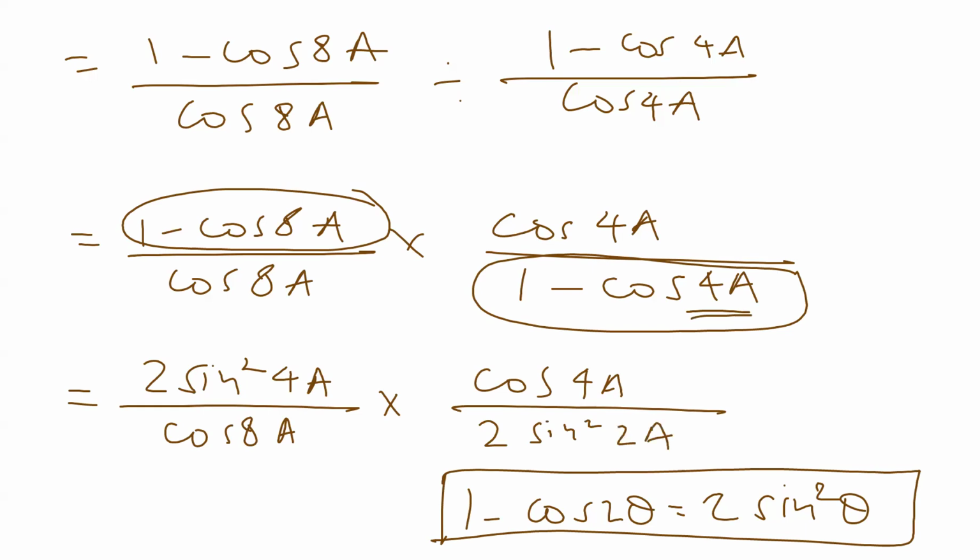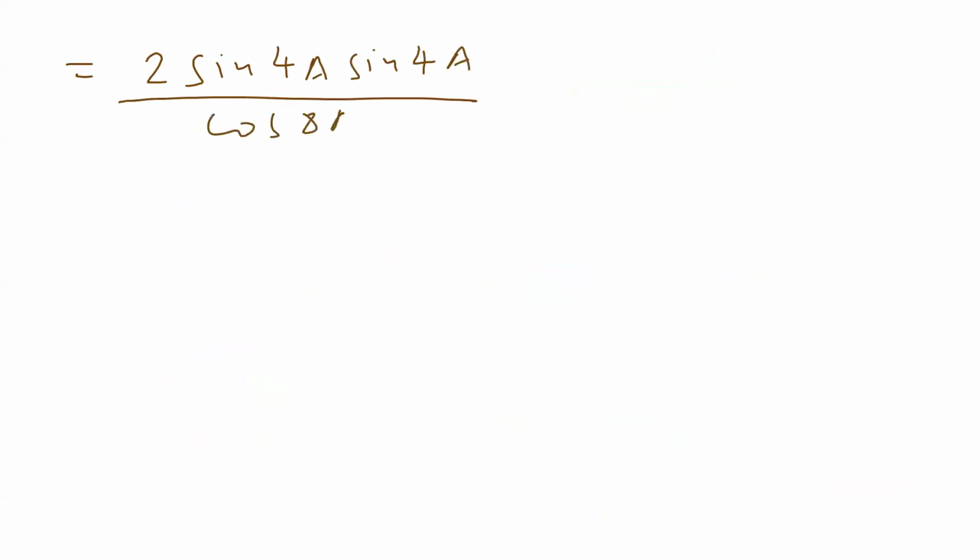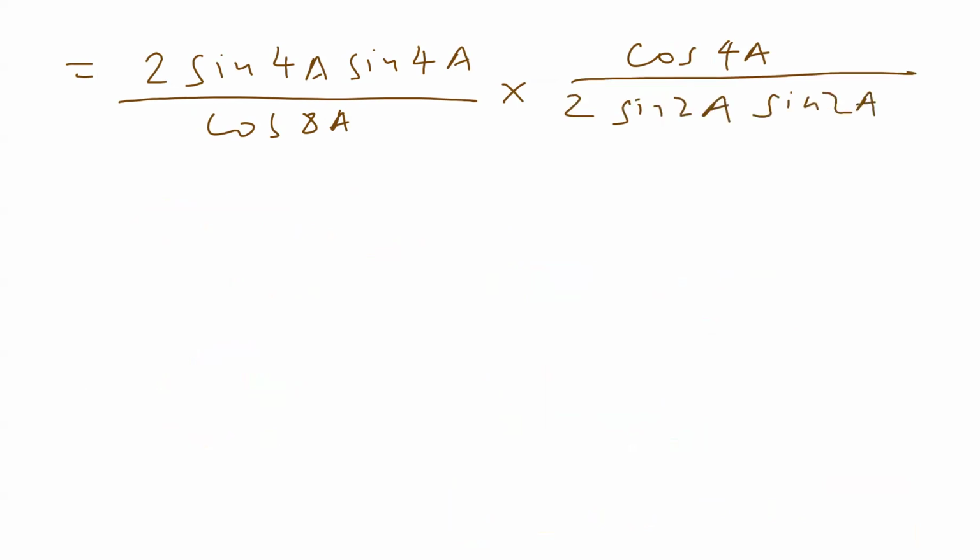Okay, next step. Now this sin square and this sin square, I'll write it as sine into sine. So the sine square 4a, I'll take it twice. So the next step, 2 sine 4a into sine 4a upon cos 8a into cos 4a upon 2 sine 2a, sine 2a.